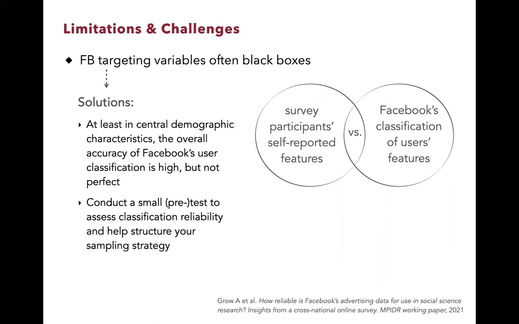For other studies, perhaps involving more detailed targeting criteria, more specific small audiences, the suggestion is to conduct a small pilot to assess whether this classification of the users in this group is correct or needs to be adjusted somehow.